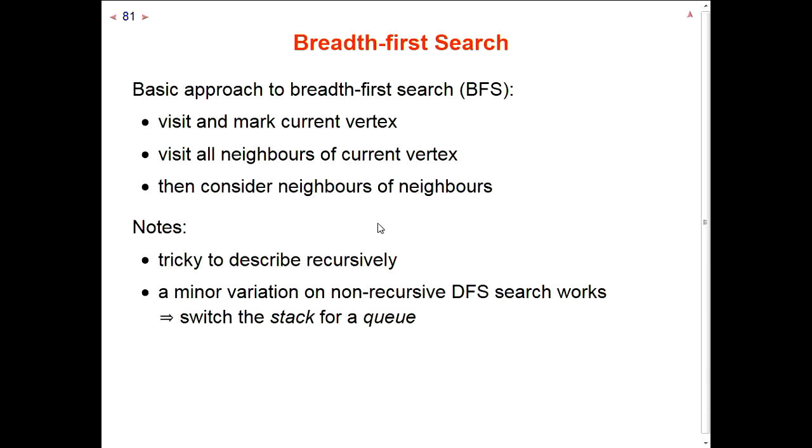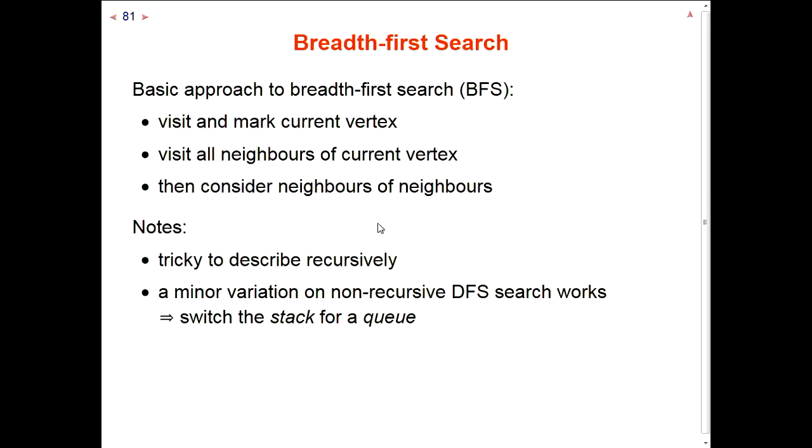And the reason for looking at the stack implementation is because it gives us a very nice implementation of the breadth-first search. The basic approach to breadth-first search, remember, was to visit and mark a current vertex, then to visit all neighbors of the current vertex, all of them, before you then go on to consider neighbors of neighbors.